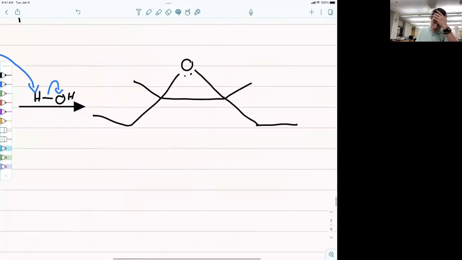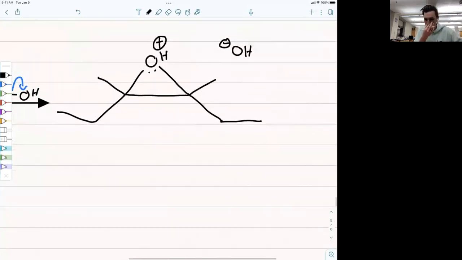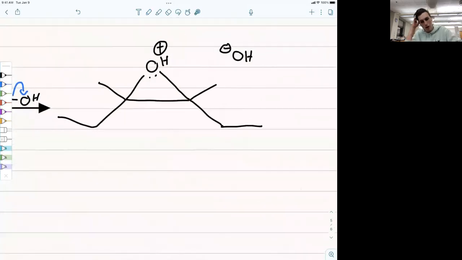This is my new structure of OH plus, because this has 3 bonds now. And then I also have OH minus over here, because we lost an electron. So before we did SN2 because we had a pretty strong base, or a strong anion, but now we don't have that.